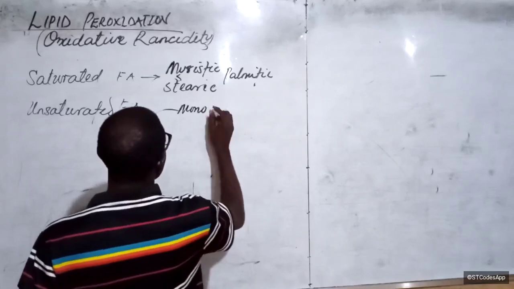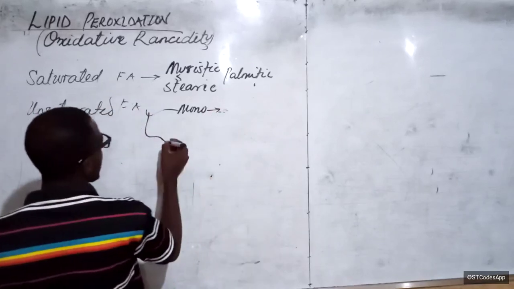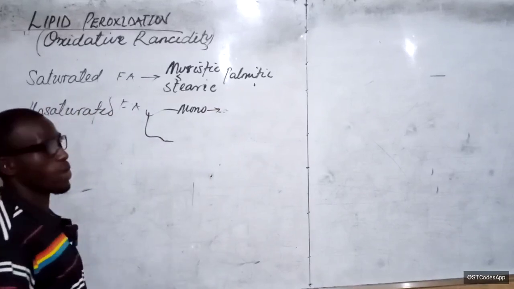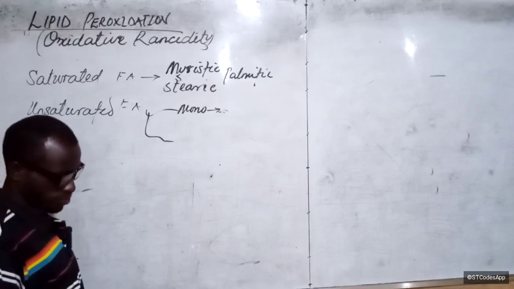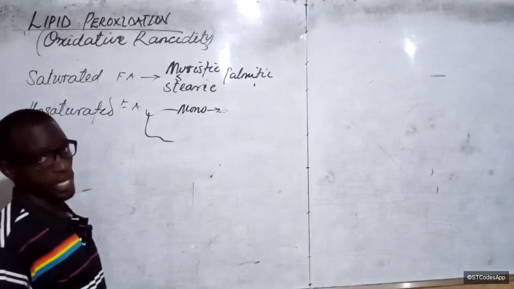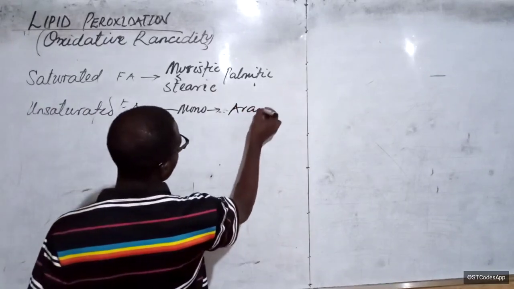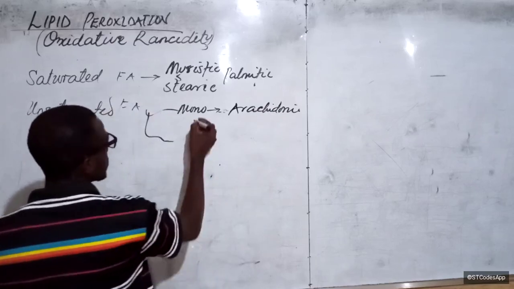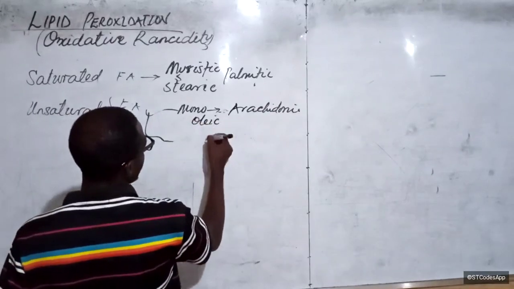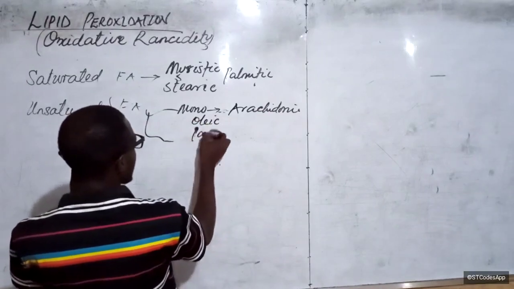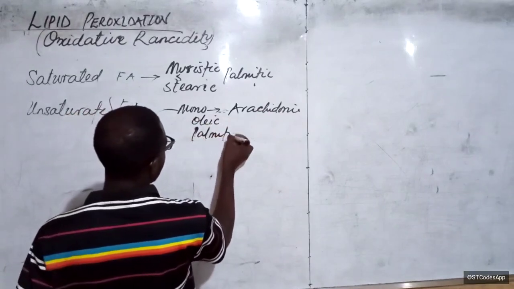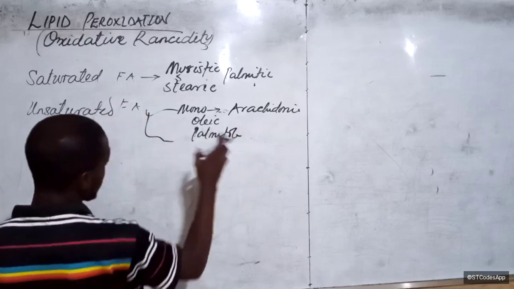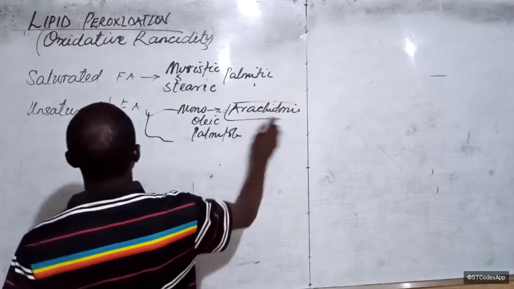For the monounsaturated, we have the common oleic acid and palmitoleic acid.